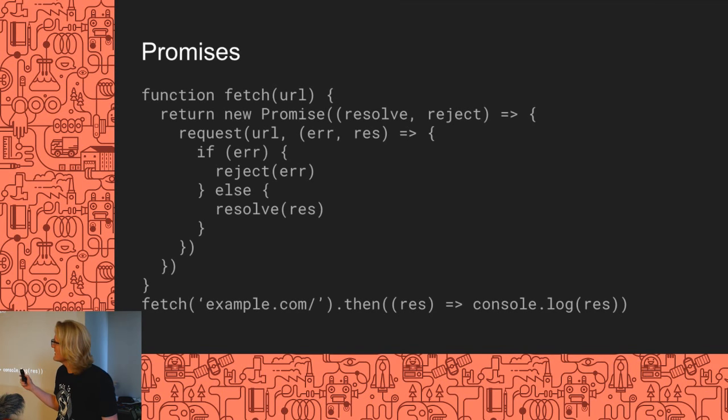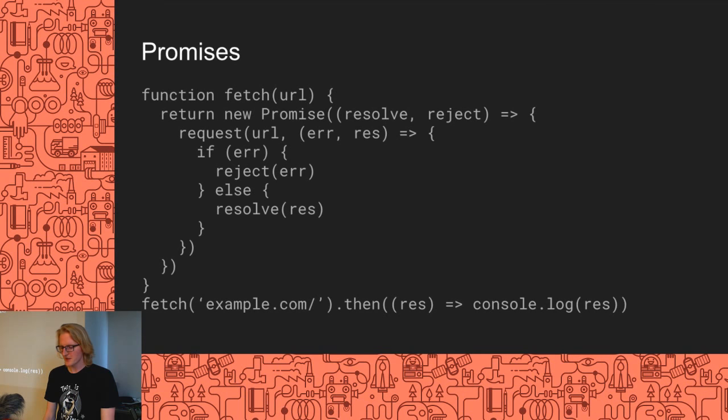And then right away, it returns a promise. And then the constructor for a promise, you pass in a function that takes two arguments, resolve and reject. And this is how you asynchronously tell the consumers of your promise whether or not things went well or not.